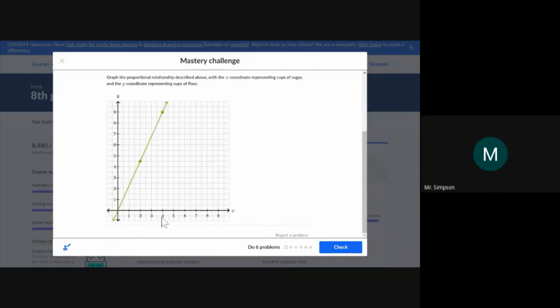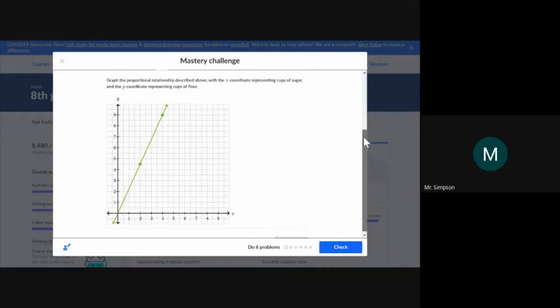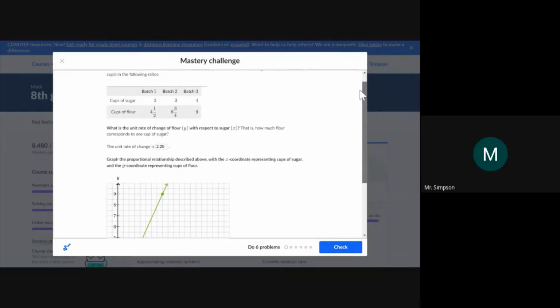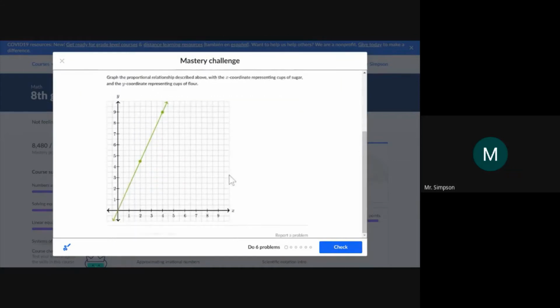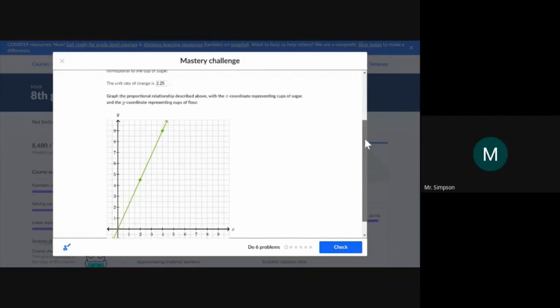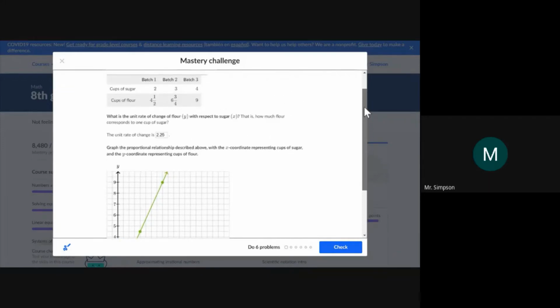We're just lining up those points. So 2 cups of sugar corresponds to 4.5 cups of flour, and 4 cups of sugar corresponds to 9 cups of flour. So that is the proportional relationship described there.